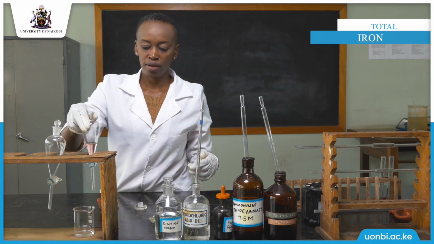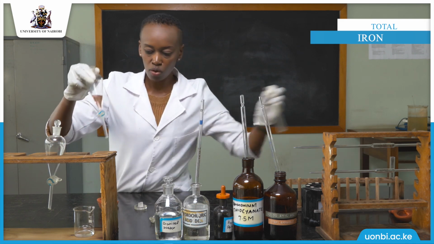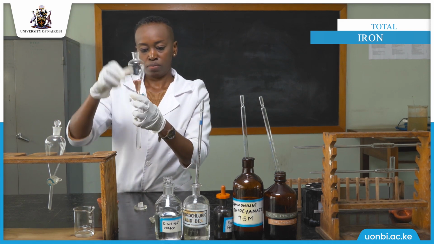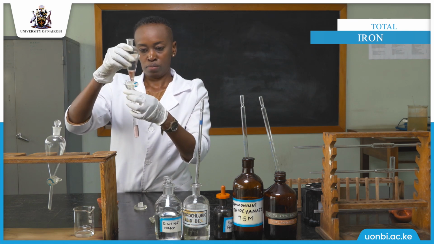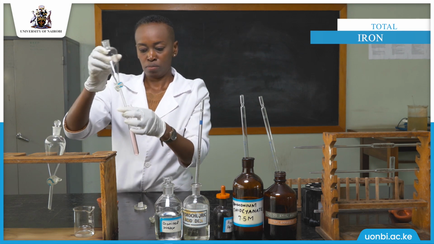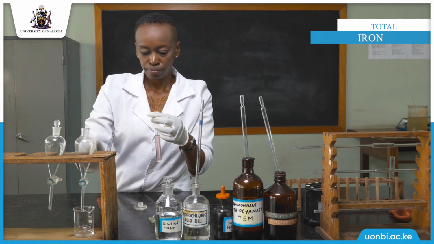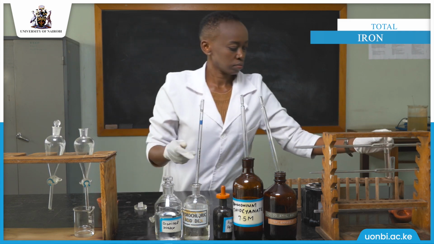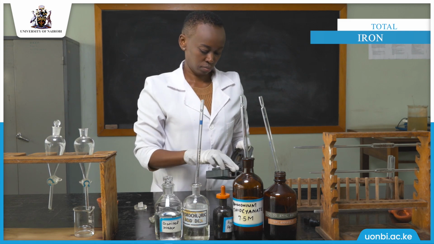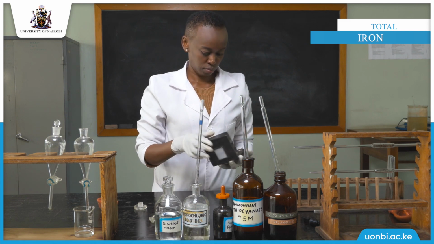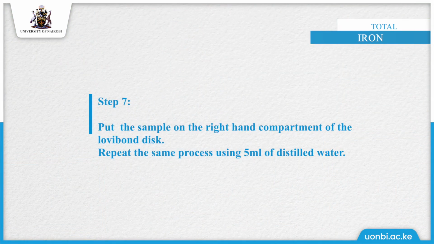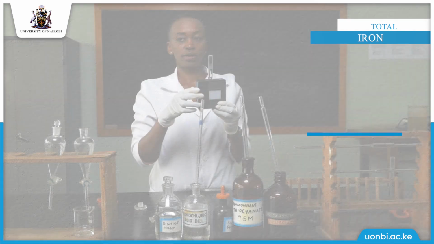After extracting the iron, we put it in a test tube. We are supposed to put our sample in the right-hand compartment of the Lovibond disc.